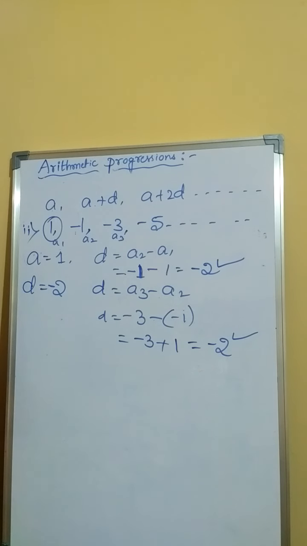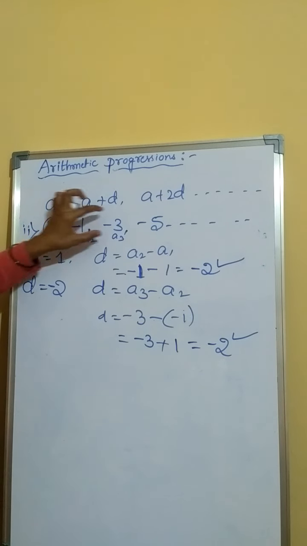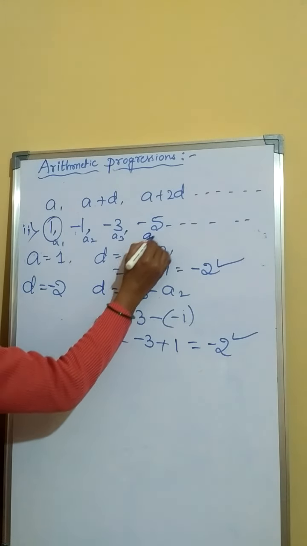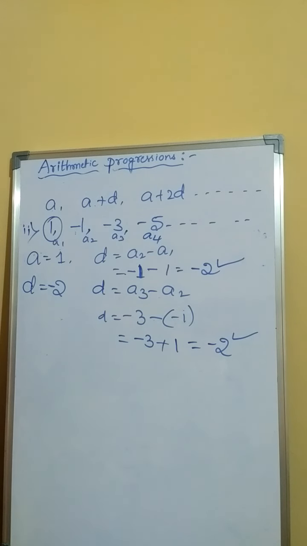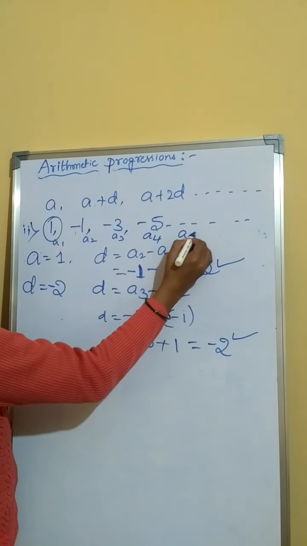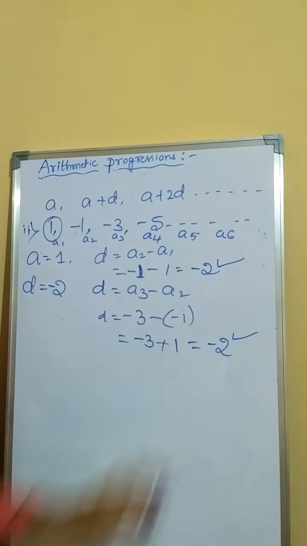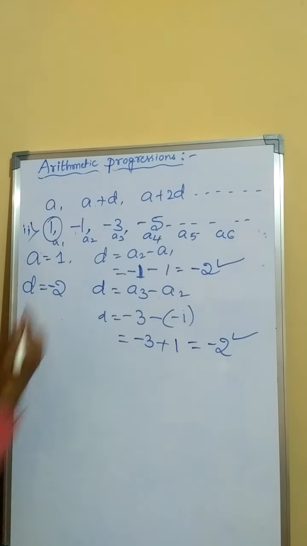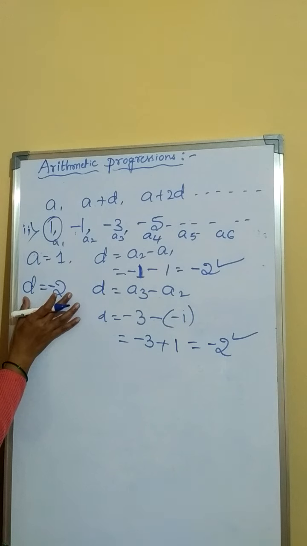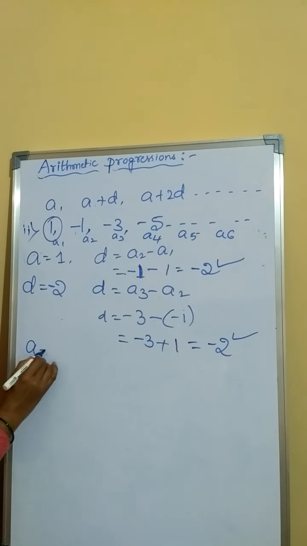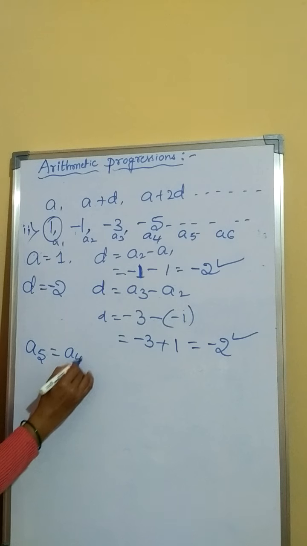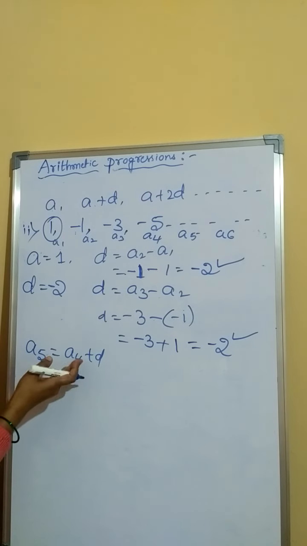So, we can easily say D is constant and the given list of numbers are in AP. So, our next work is we need to write the fifth term, sixth term of this AP. I think already you know how to write the next terms using this common difference. So, A5 can be written as A4 plus D because this is the previous term or the preceding term.